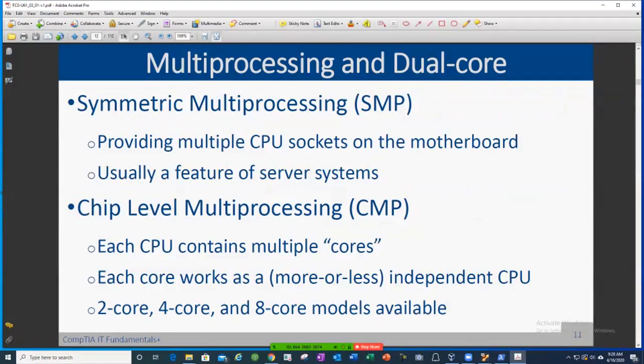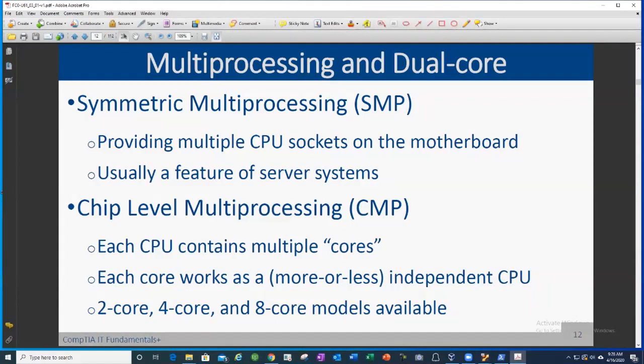Multiprocessing and dual core. Symmetric multiprocessing, or SMP, what does it do? It basically provides multiple CPU sockets on the motherboard. If you have a powerful motherboard, there may be more than one socket, and usually it's a feature of a server system or a powerful desktop.